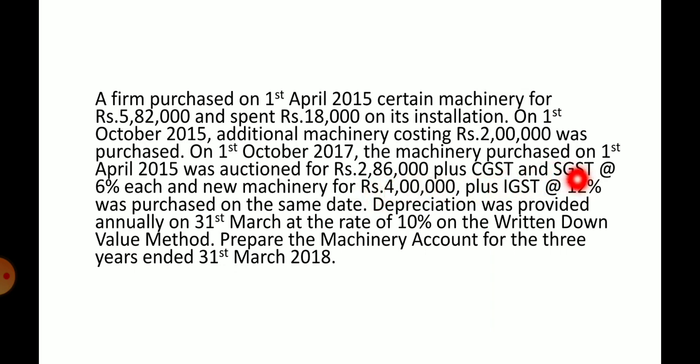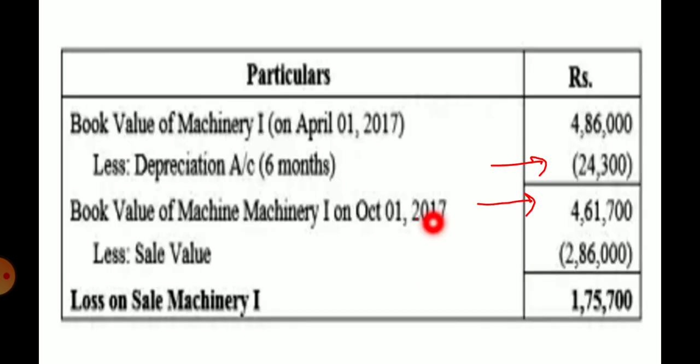CGST and IGST should not be calculated in the machinery account, they are separately calculated in the ledger account, but in the question there is no mention of preparing a ledger account. So 2,86,000 is the sold value, so it will be written here.